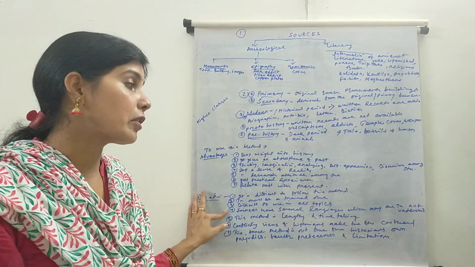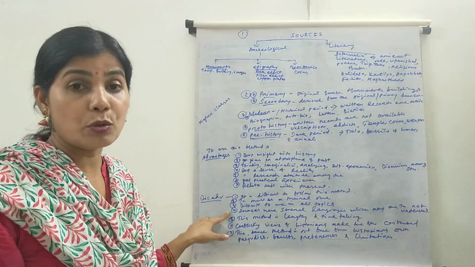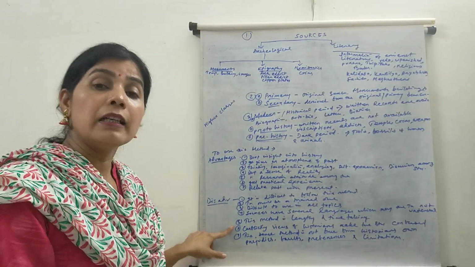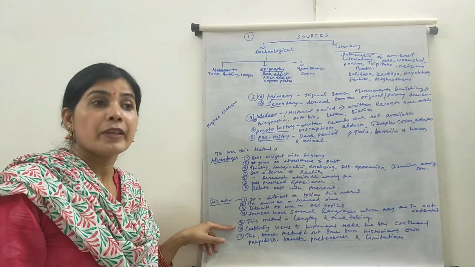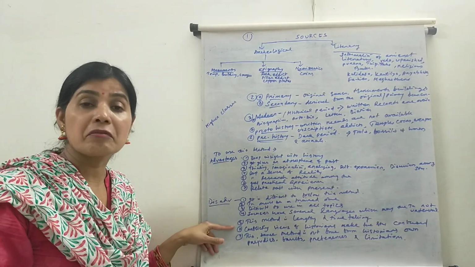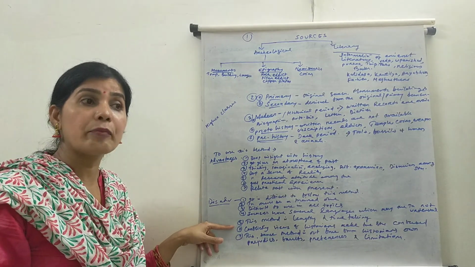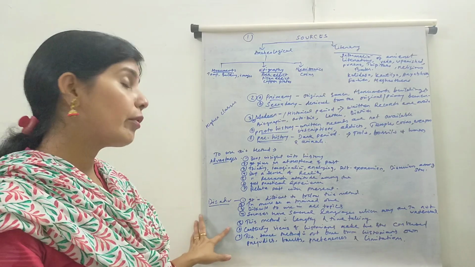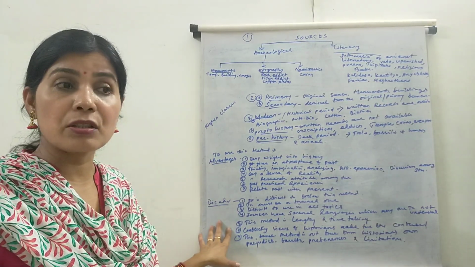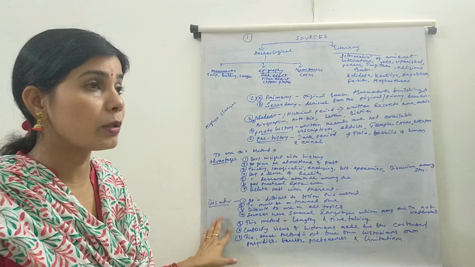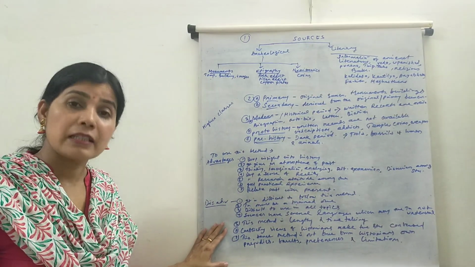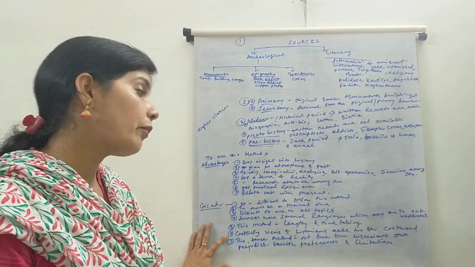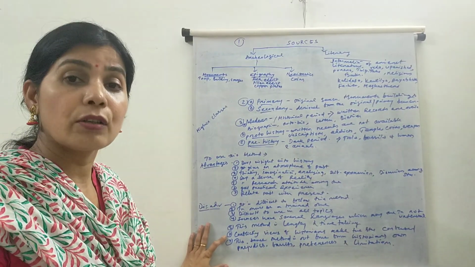The next one is that this method is very lengthy and time taking. Since our academic session is of a very limited period, and we have to perform certain academic and non-academic activities, if we follow this method for all our topics and chapters, it is very lengthy and time taking.